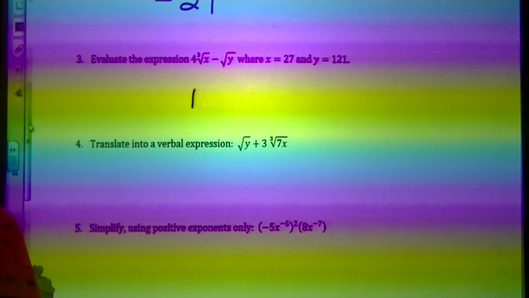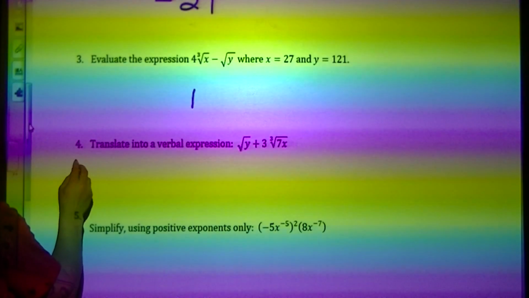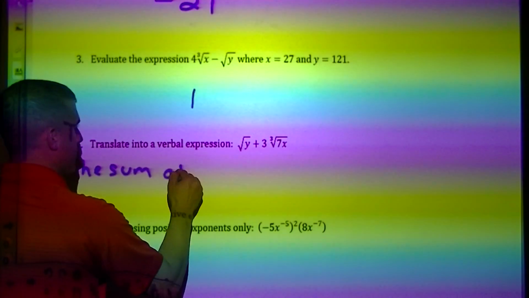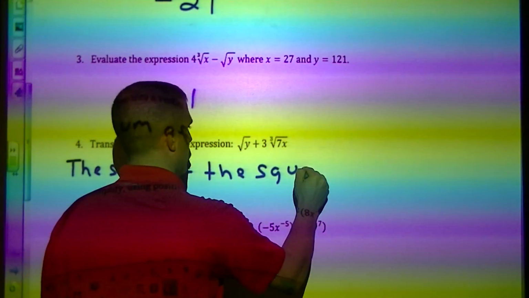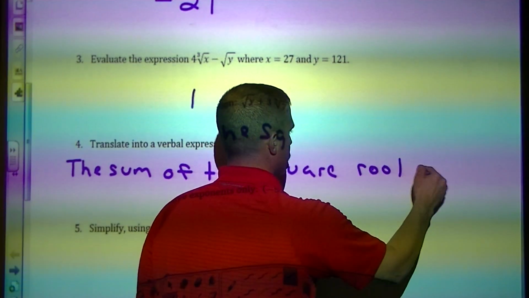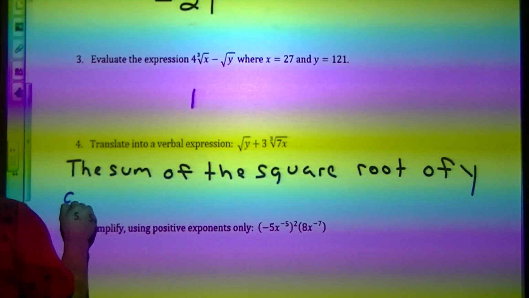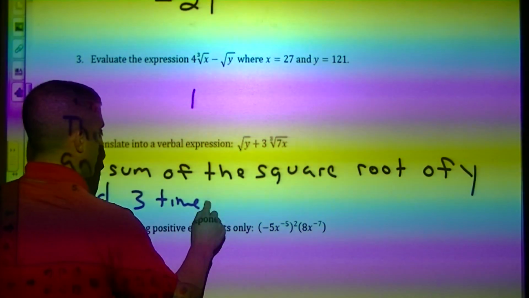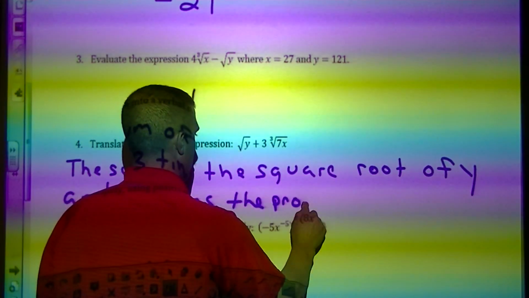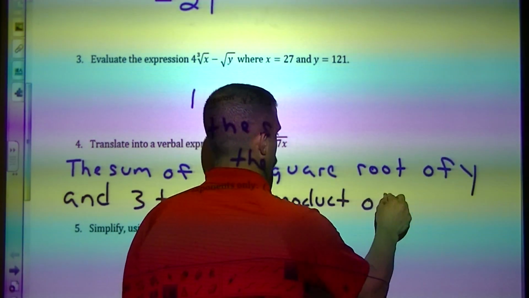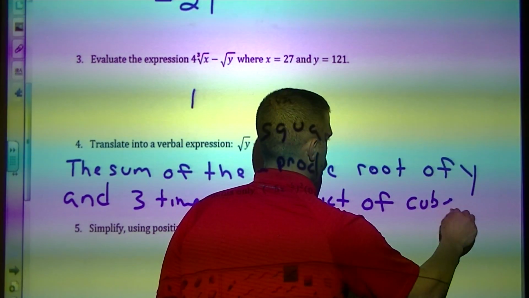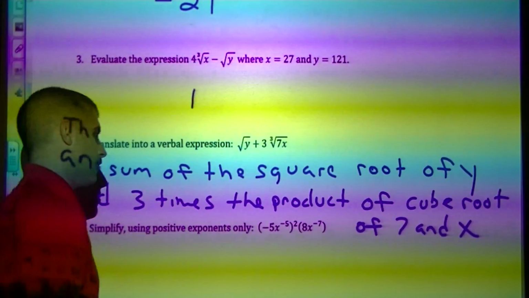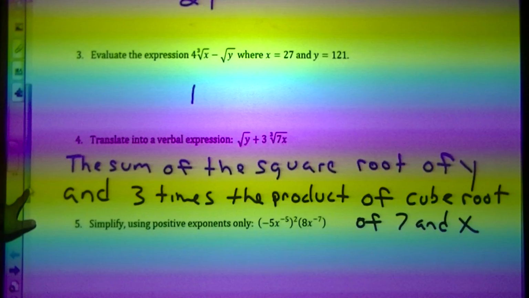So the way I write this is: the sum, because that's what addition means, of the square root of y and 3 times the product of the cube root of 7 and x. That's sort of long, but that's the written out version of this.